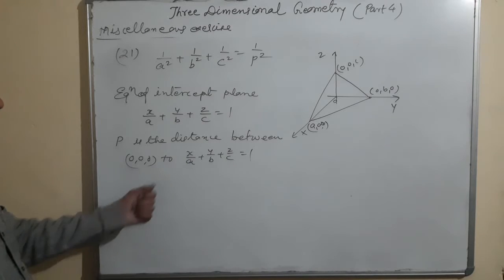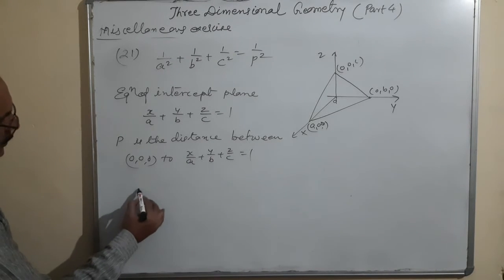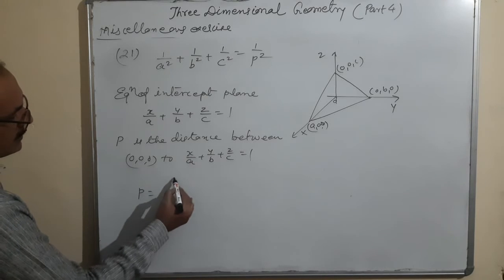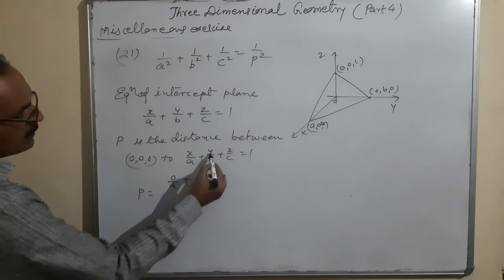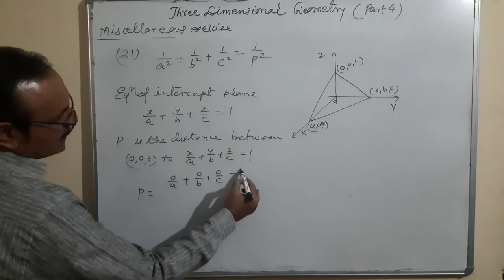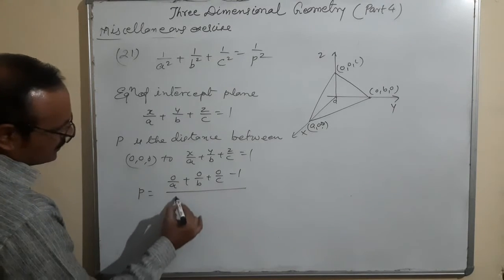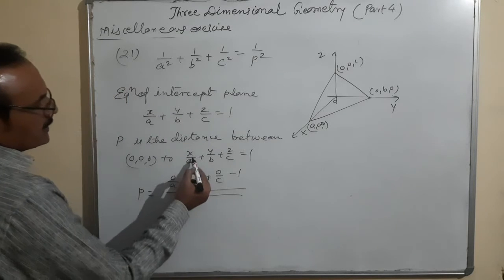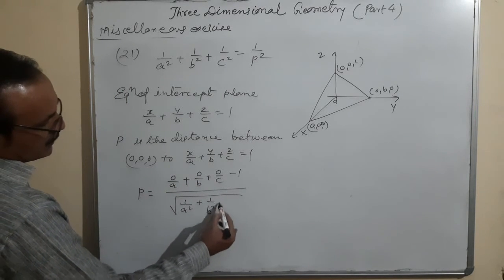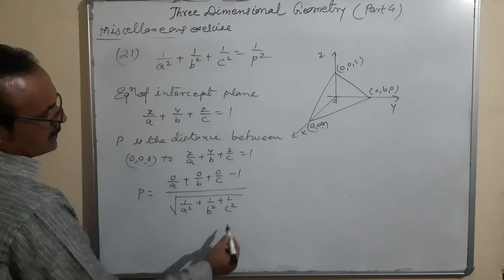When I use the distance formula, p is equal to (0 upon a plus 0 upon b plus 0 upon c minus 1) upon under root of the coefficients squared, 1 upon a square plus 1 upon b square plus 1 upon c square.